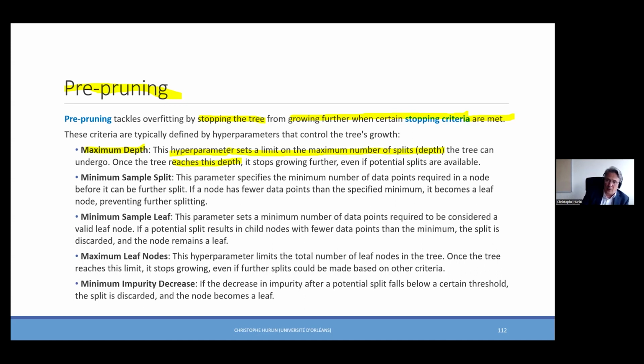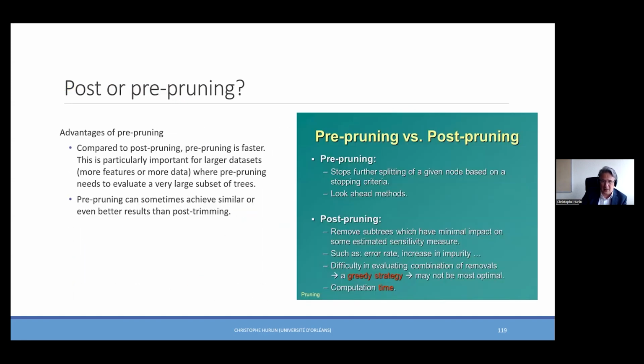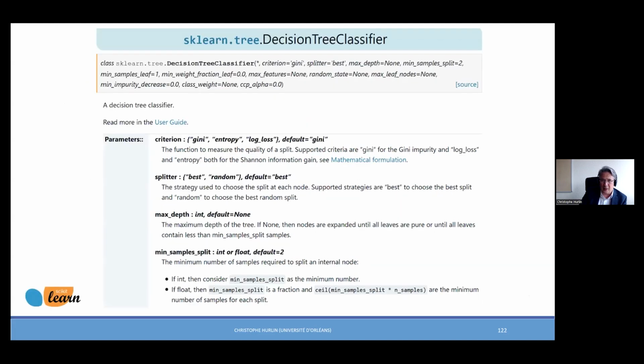So when you will use scikit-learn in a few minutes, you have scikit-learn decision tree classification, and then you have, for instance, the max depth parameter. This max depth parameter is a hyperparameter that controls the stopping rule for the depth of the tree. Okay. This controls the maximum because the depth of the tree can be smaller than this value.